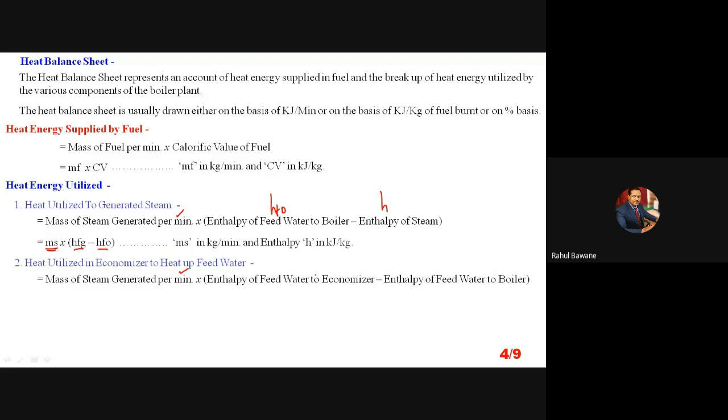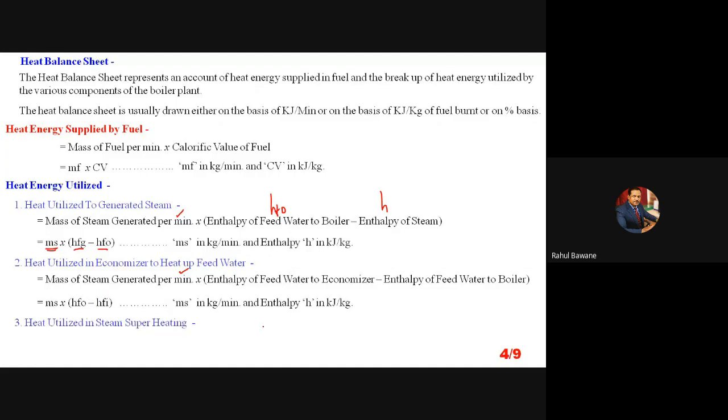There is HFI and HFO, and HFI will be lesser than HFO, so we consider HFO minus HFI, highest minus lowest value. That is, enthalpy of fluid outlet of economizer minus enthalpy of fluid inlet to economizer.